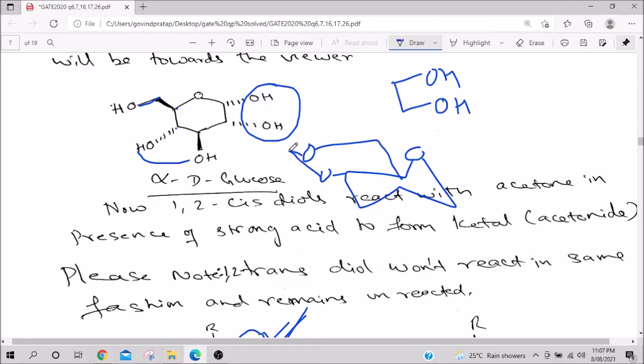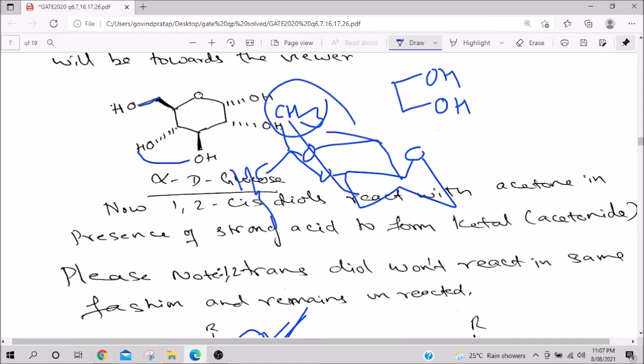Now one methyl group comes here and another methyl group comes here. This creates a lot of steric hindrance, because this CH3 is in the axial position and interacts with this, and therefore this reaction does not happen.